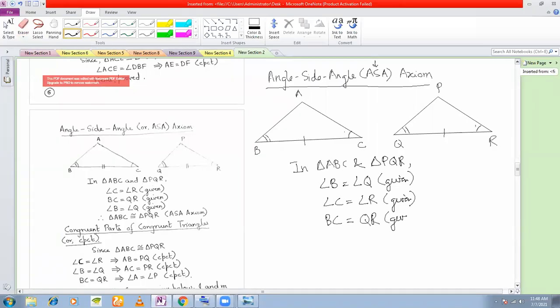If this is given to you, then you can say that triangle ABC is congruent to triangle PQR. Okay.